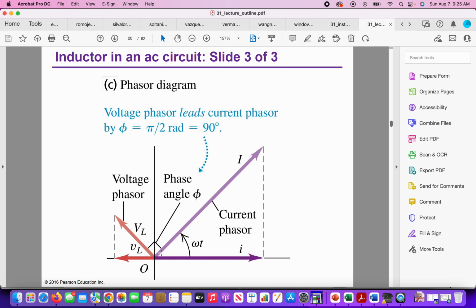Here I am showing you I and VL, and the voltage phasor leads the current phasor by phi, which is pi over 2, or 90 degrees. This is omega t, and that is the 90 degrees between the two phasors.